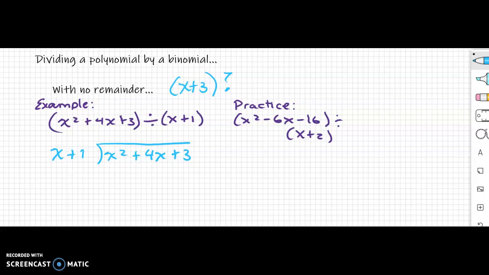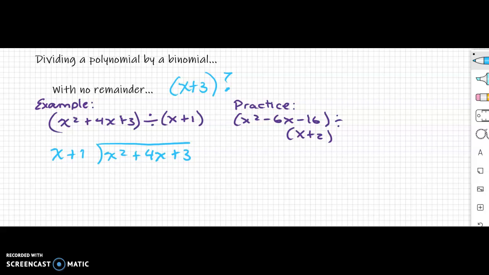Think about when you're dividing and you have a 2-digit divisor, and you can look at the first digit to give you a clue about what comes after it. So I'm really just going to look at this leading digit right now. I'm going to ask myself, how many times does x go into x squared? It goes in x times, right?